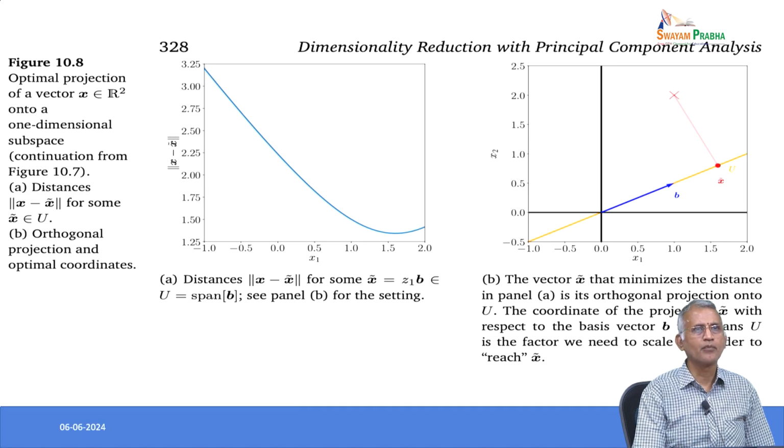So, this is the optimal projection of the vector x in R^2 onto the one dimensional subspace, and picture B represents the x bar that minimizes the distance in panel A, which is the orthogonal projection onto U. The coordinate of the projection x bar with respect to the basis vector b, the blue line that spans U, is the amount we need to scale b in order to reach x bar.